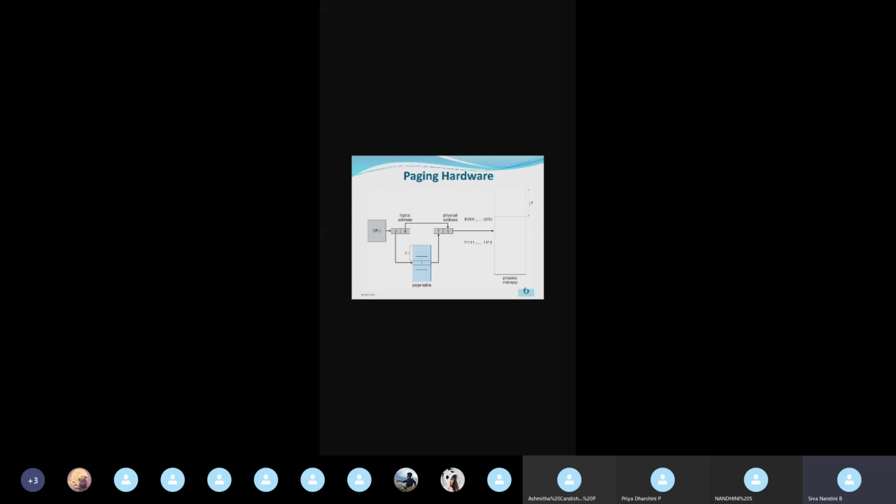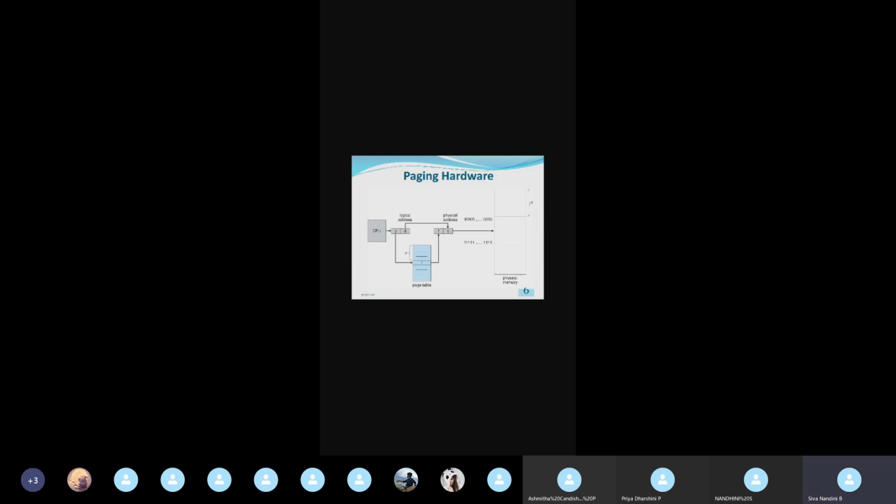Once it finds that 1 in the page table, inside the page table, we'll have the corresponding frame number of this page 1. So for this page 1, if the frame number is 2, like that I am considering. Okay. So that frame number 2 will be sent to the physical address from the page table. See, that is marked by the arrow. I hope you're following me.